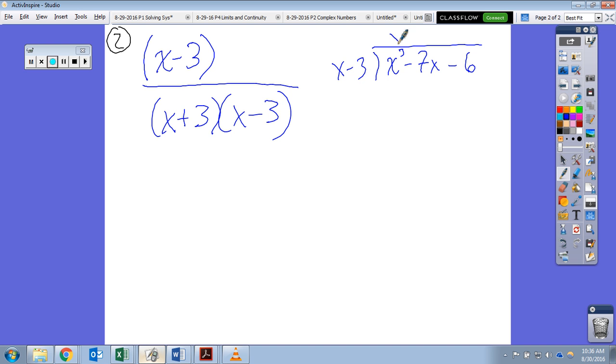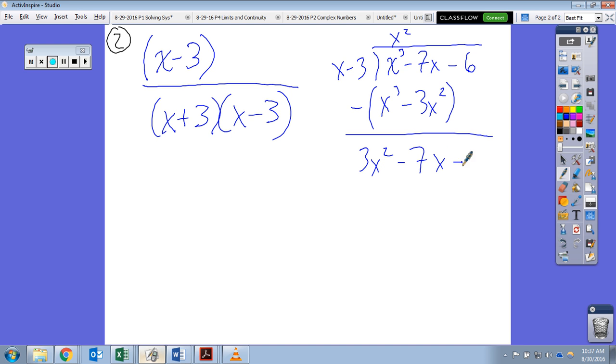Okay, so x squared, we get what? x cubed minus 3x squared. I'm going to subtract this whole thing. You guys remember doing these? Yeah. So you have 3x squared minus 7x minus 6.